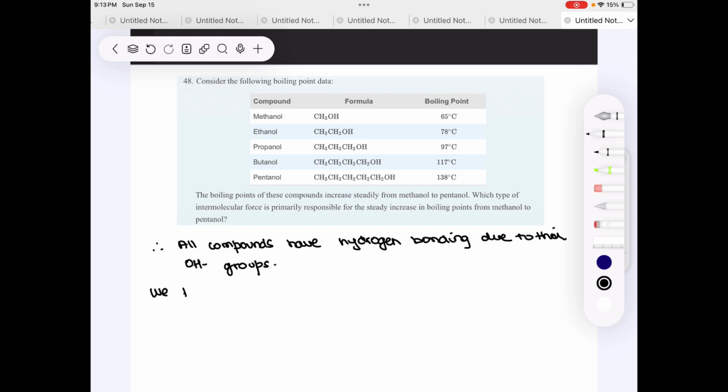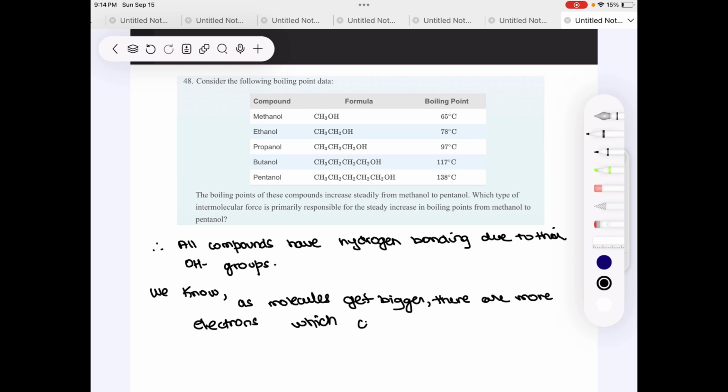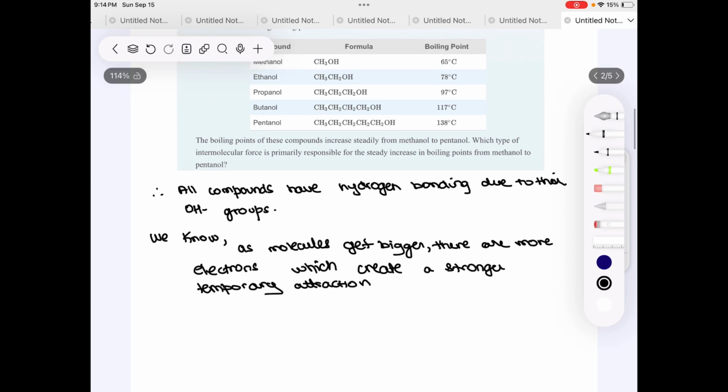We know that as molecules get bigger, there are more electrons, which create a stronger temporary attraction between the molecules.